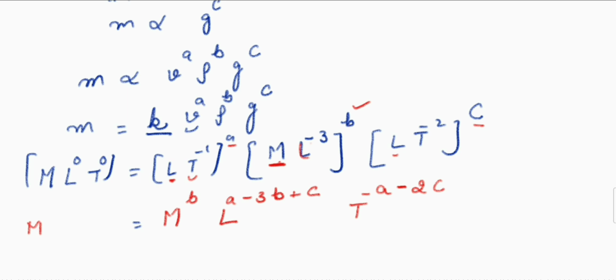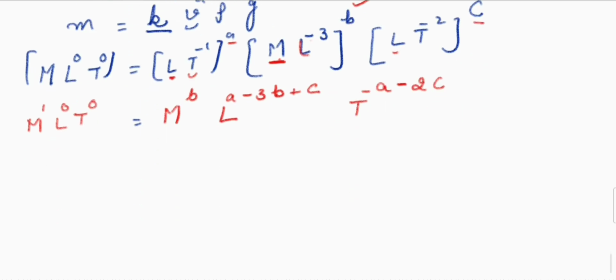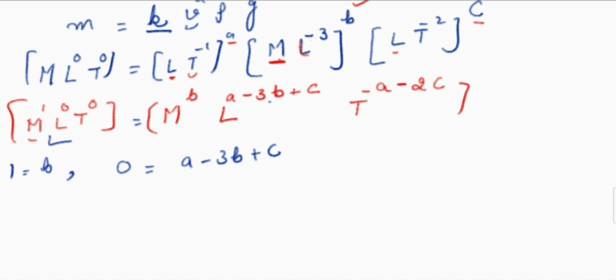The left hand side is M^1 L^0 T^0. Now we'll compare the powers of M, L and T on both sides. The power of M is b on one side and 1 on the other, so b is equal to 1. For L, 0 is equal to a minus 3b plus c, and for time, 0 is equal to minus a minus 2c.